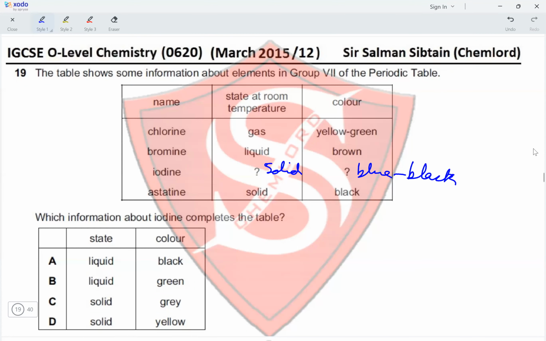Which information about iodine completes the table? State is solid, eliminating options A and B. And the color options are gray and yellow. So it is not yellow because the color is dark. So we will select gray. So this makes option C the correct option for this question.